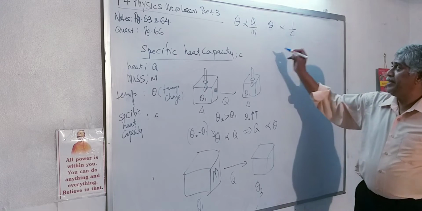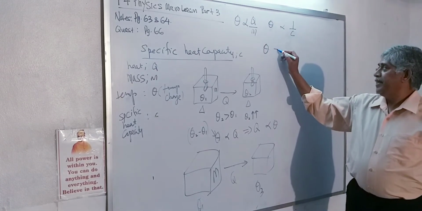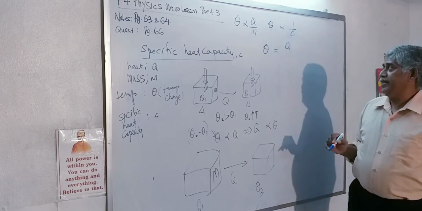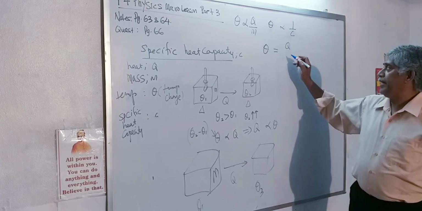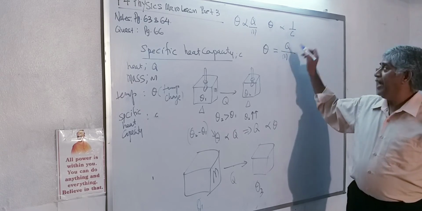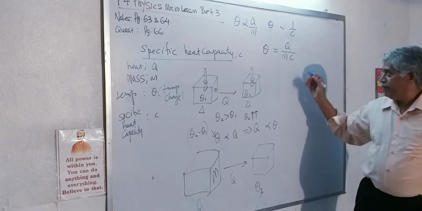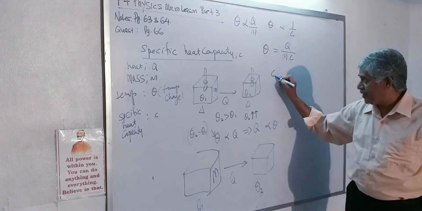So combining these three, we can say that the temperature rise depends on the amount of heat that is supplied, and it is also inversely proportional to the mass and specific heat capacity. So now what is the specific capacity?